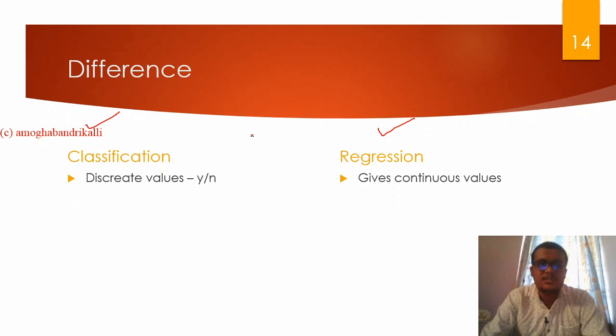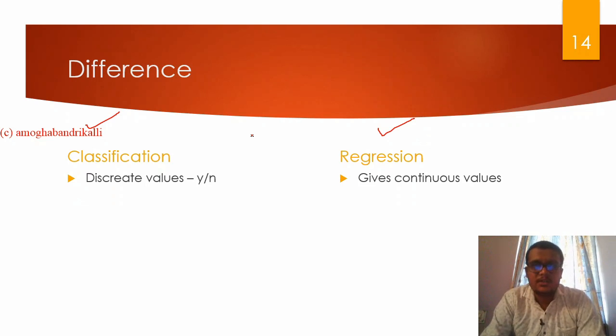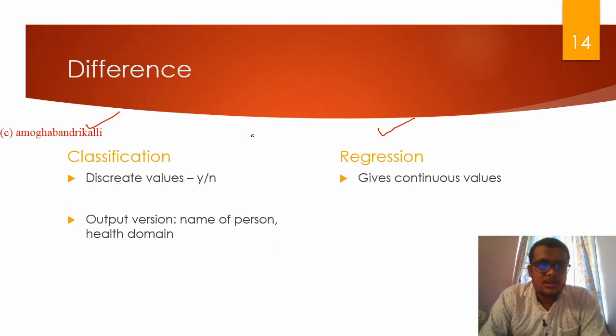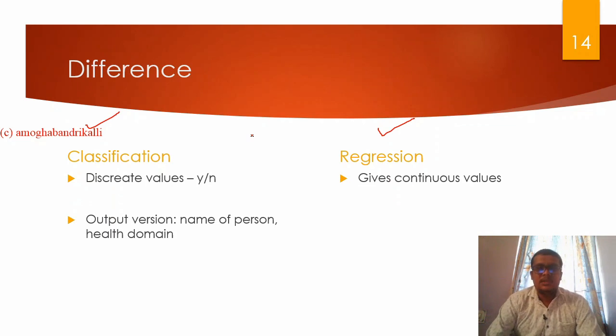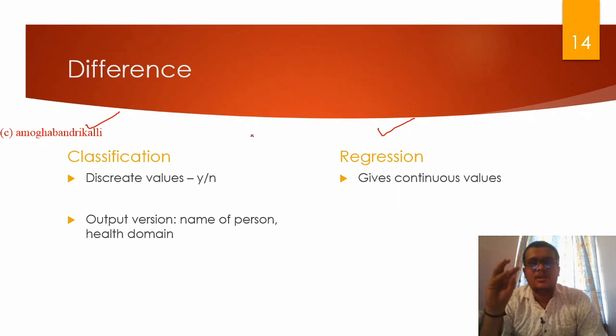Continuous values means numbers like 10,000, 10,500, 5,000, like this. The output in classification is, in health domains for example, whether the person is healthy or not, cancerous or not, diabetic or not, heart patient or not.